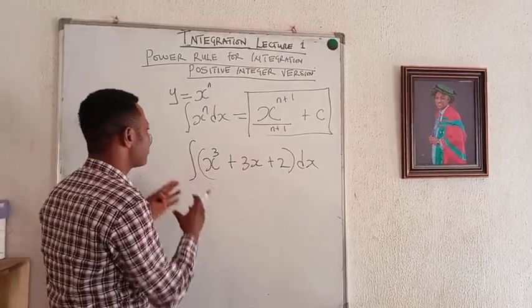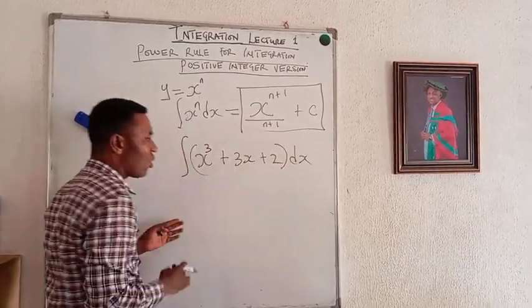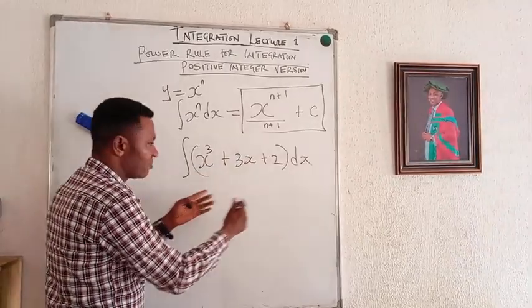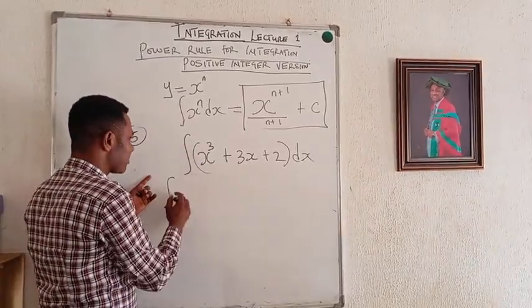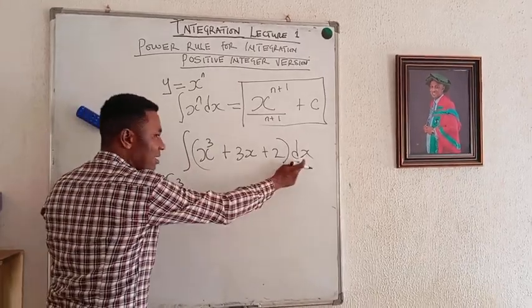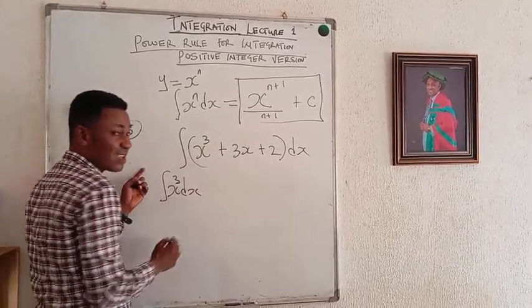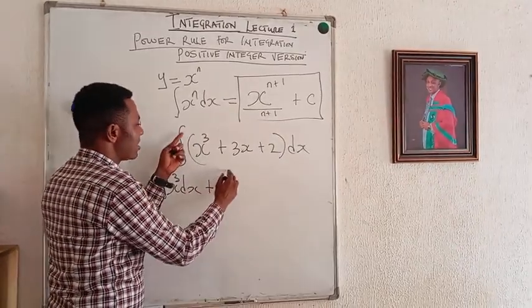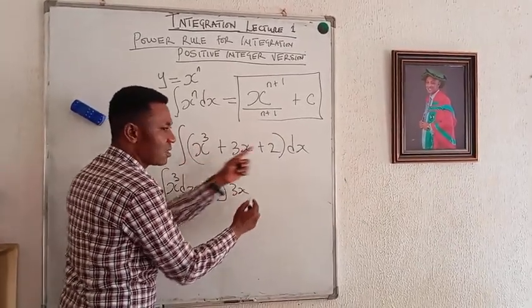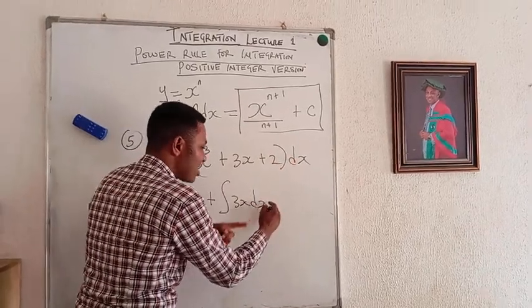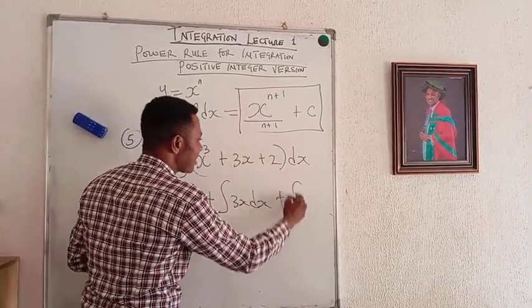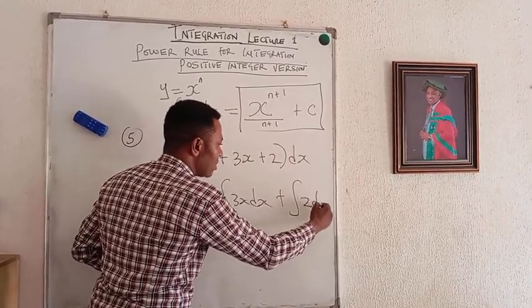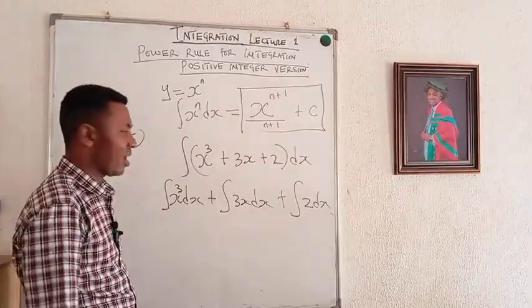It's better you decide to solve it together or to separate them. Now look at it. Integrate x power 3 with respect to x, plus integrate 3x with respect to x, plus integrate 2 with respect to x.